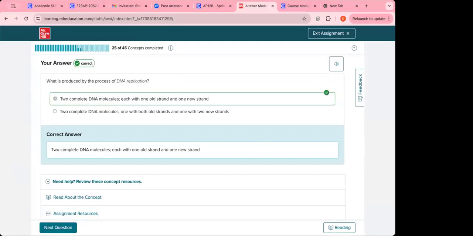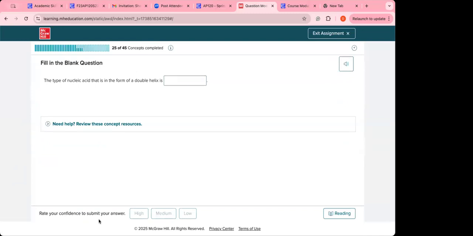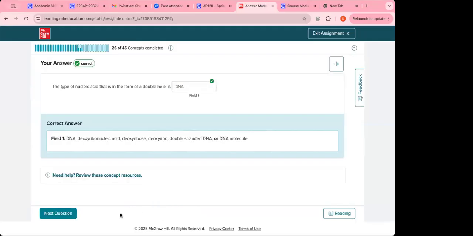Okay, next question. The type of nucleic acid that is in the form of a double helix, that's DNA, deoxyribonucleic acid. Sometimes we get a little redundant.